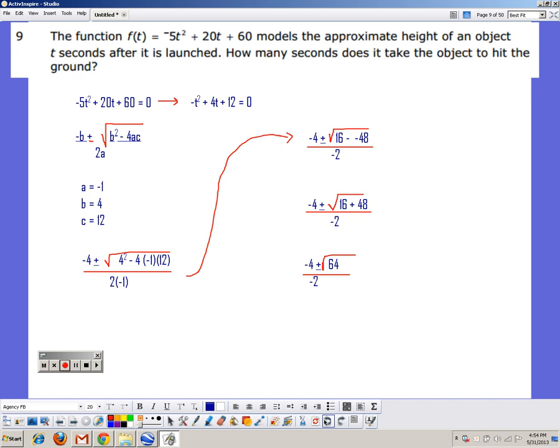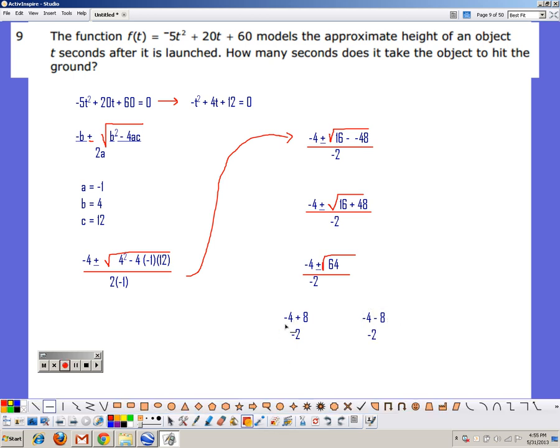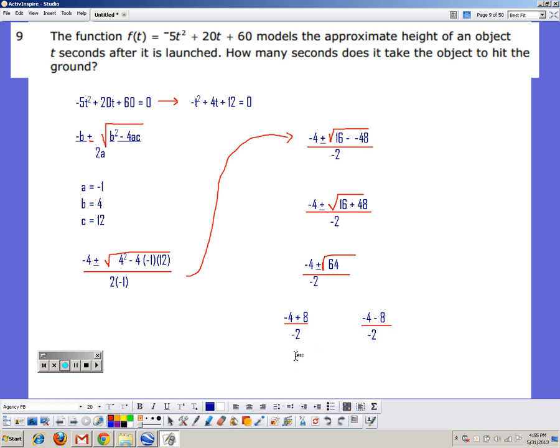So this is why I'm going to separate the two problems out. I have negative 4 plus 8 over a negative 2, or I can have negative 4 minus 8 over a negative 2. Negative 4 plus 8 is a positive 4 divided by negative 2 is a negative 2.